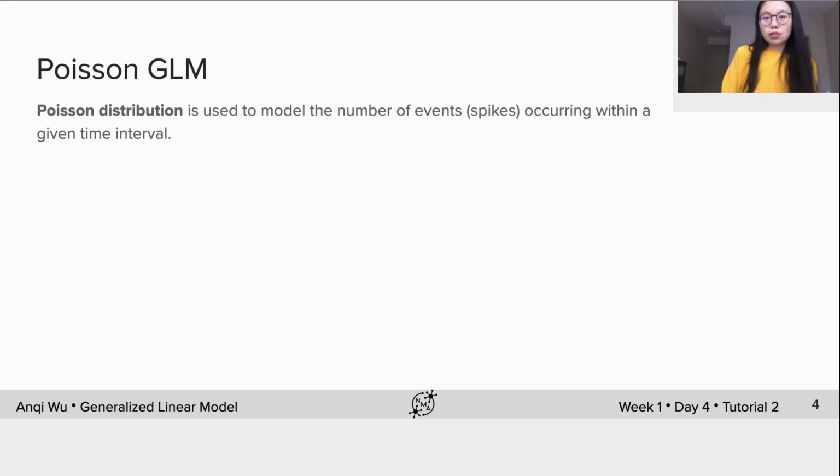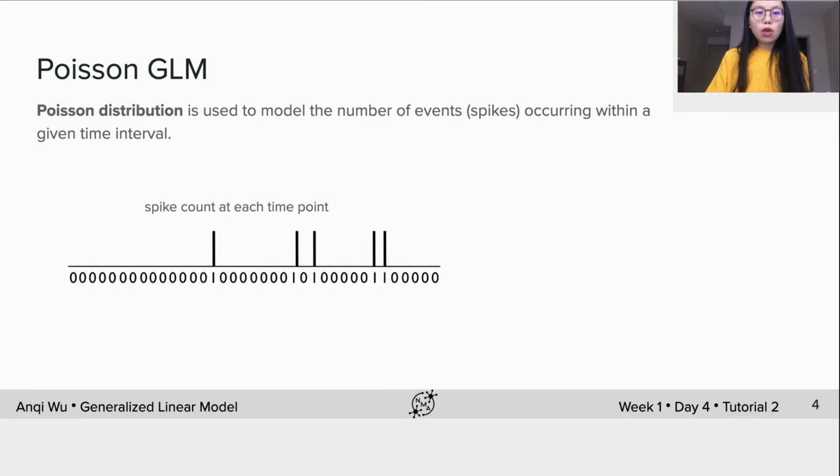Before diving into Poisson GLM, I want to briefly introduce the Poisson distribution. Poisson distribution is usually used to model the number of events, in our case spikes, occurring within a given time interval. In the example we gave, we have one spike or no spike at all time points.